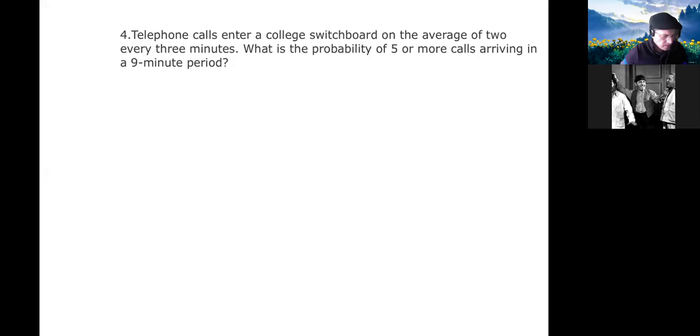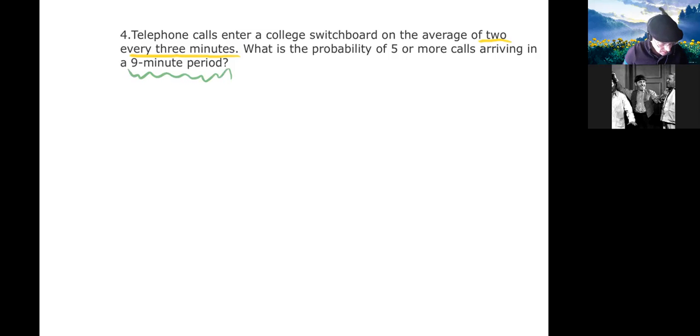Okay, so in the last problem I'm going to cover today, it says telephone calls enter a college switchboard on the average of 2 every 3 minutes. What's the probability of 5 or more calls arriving in a 9-minute period? So what are we looking at here? 2 calls every 3 minutes, but we're interested in a 9-minute period. So what's lambda?